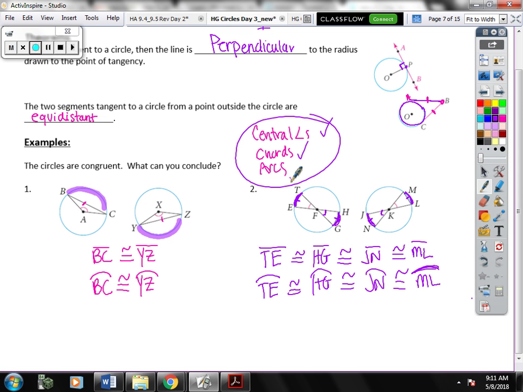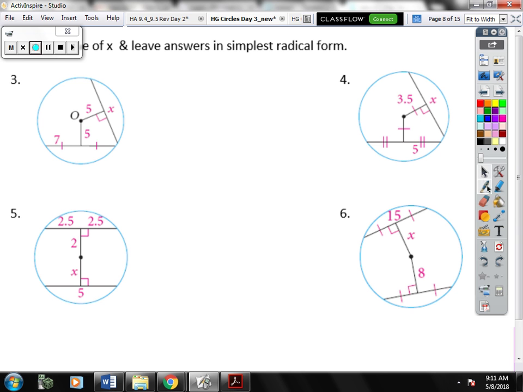All right, the rest of them are looking at our equidistant theorem, which had said if a chord is equidistant from the center, which we can see they're 5 and 5, so they're the same distance, then the chords are congruent. So what that means is we can see markings that this is 7, which means this is also 7, so the whole chord is 14.